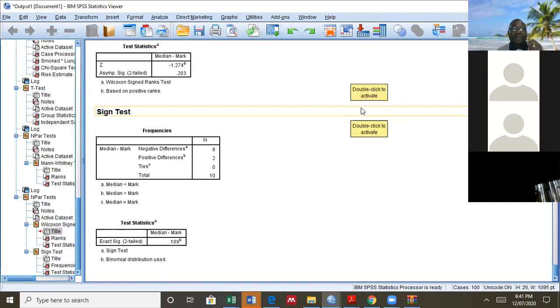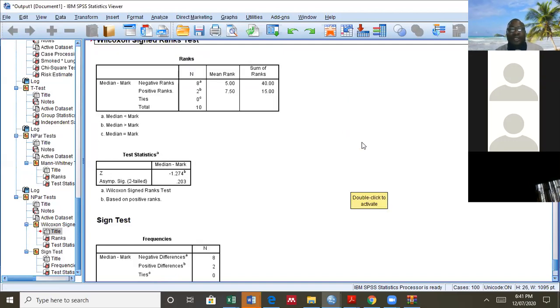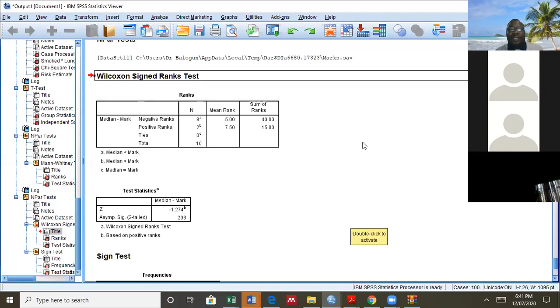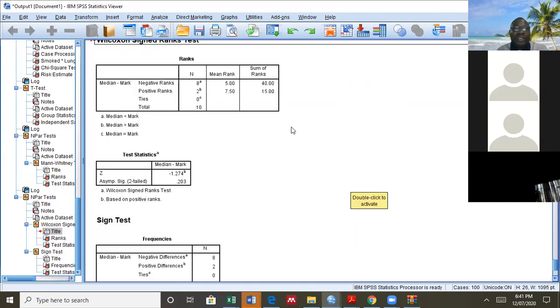Now, you will see the first one, we have two here now. We have the sign test, and also we have the Wilcoxon test. If you look at the Wilcoxon, you will see 40, 15.